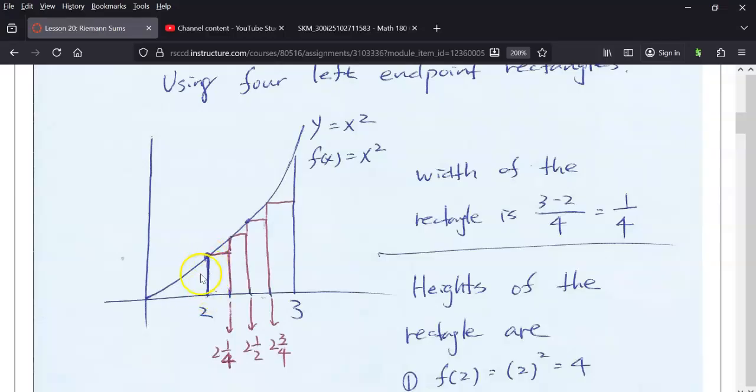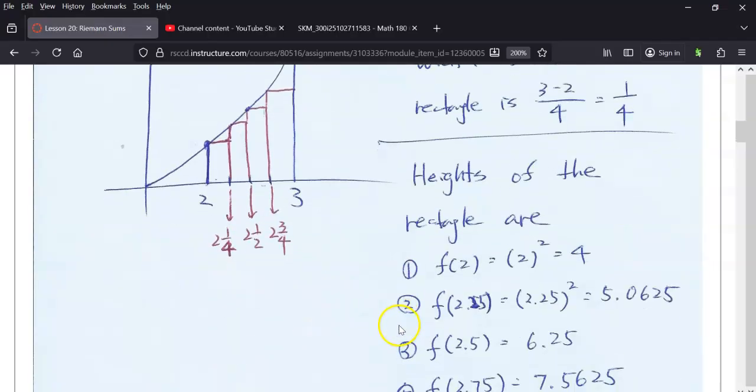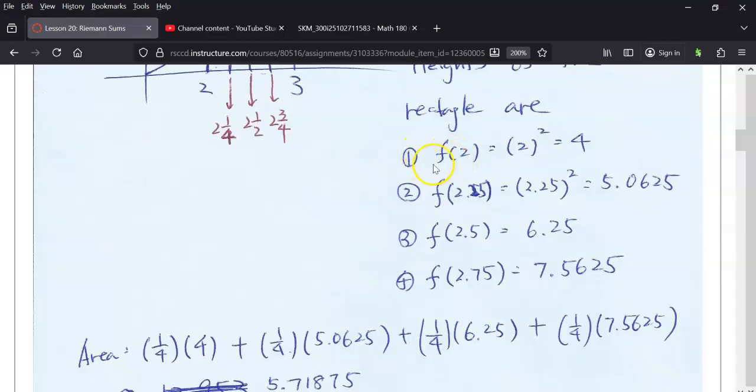Now how about the length? The height of the rectangle is the function itself evaluated at the left endpoints: 2, 2 1/4, 2 1/2, and 2 3/4. If we plug in these four values, you get the heights of the rectangles.